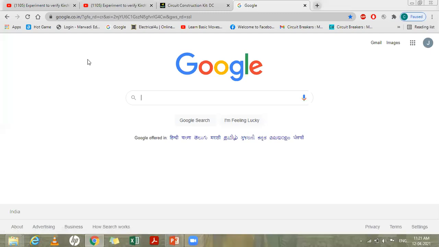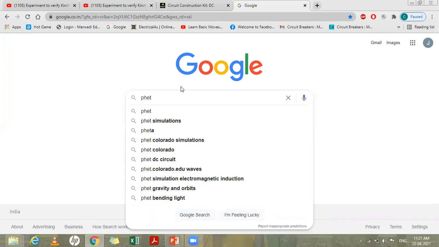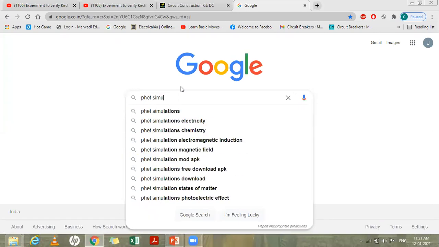Okay, we'll show you again how you have to open it. Open Google, write PhET simulation electricity. You have to write like this. Open it.